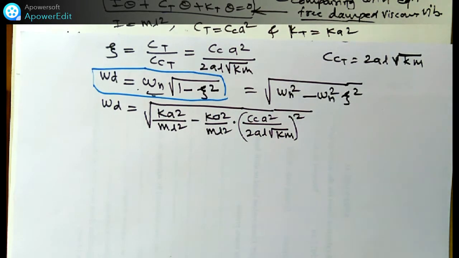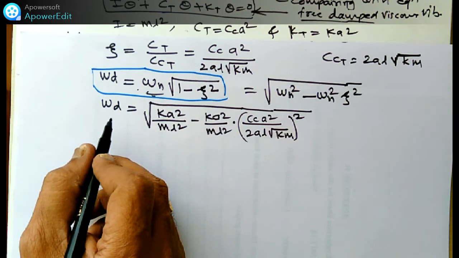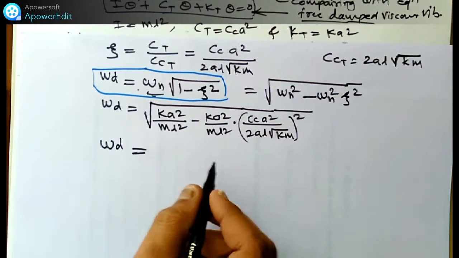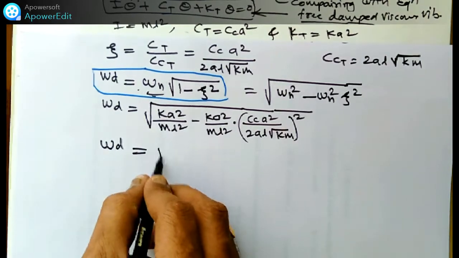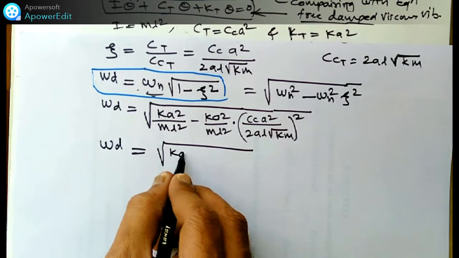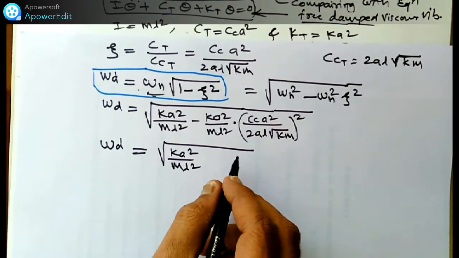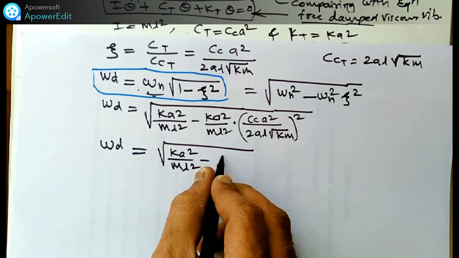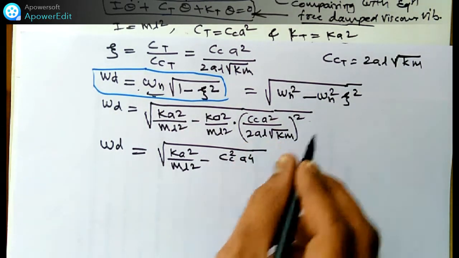Then frequency. I will write, just solving this equation, what we will get? Under root of Ka square upon mL square, minus Cc square a raised to 4 upon 4 L square, L raised to 4.